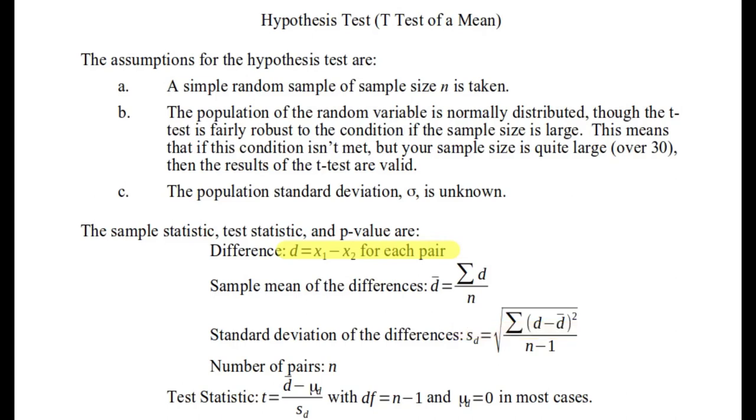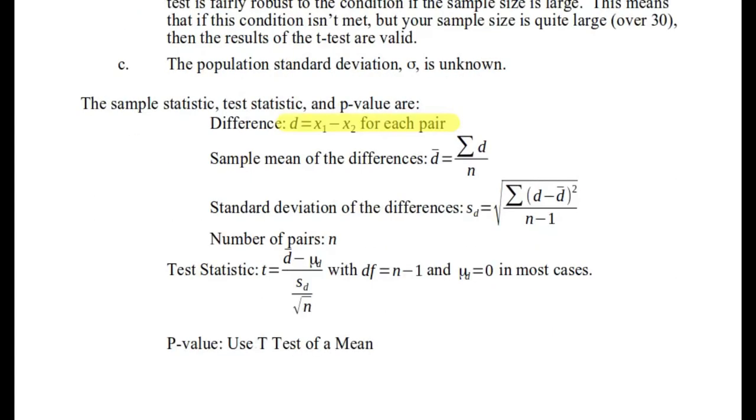Now, the test statistic is of the same ilk. The only difference here is that x's have become d's. One of the other things that I want to point out, and we'll see this in just a few seconds, is that in this formula we need to know what mu sub d is. That is the mean of the differences.